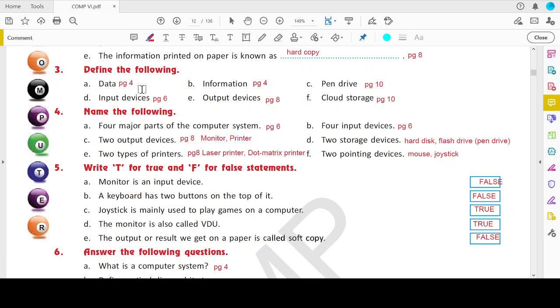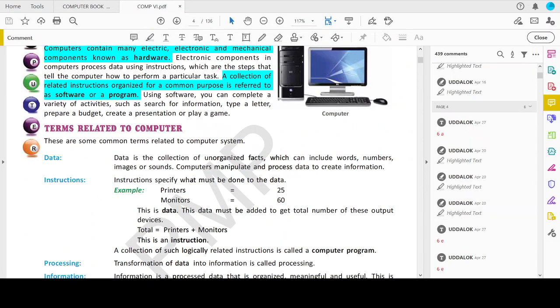So what is data? Let's go to page number 4. You know, data are facts. Okay. So you can see data. Data is a collection of unorganized facts which can include numbers, images, or sound.